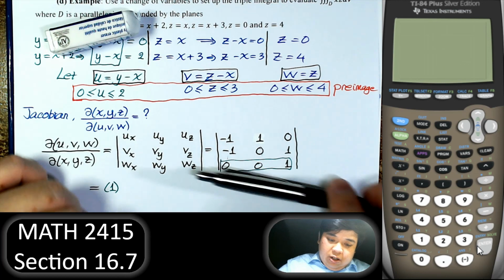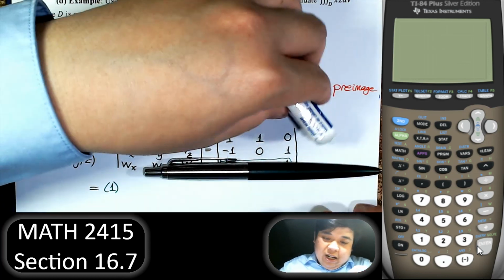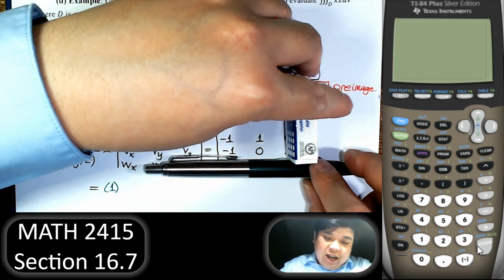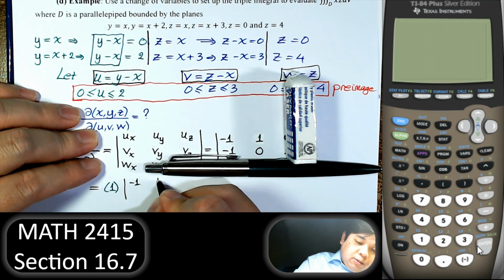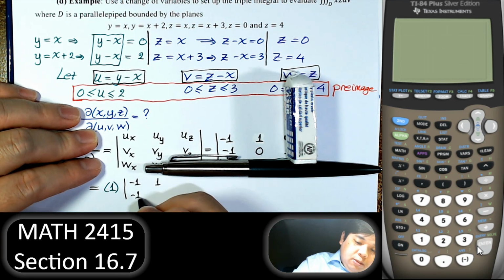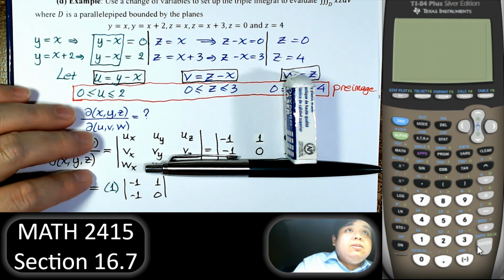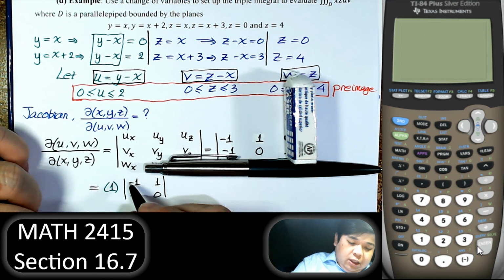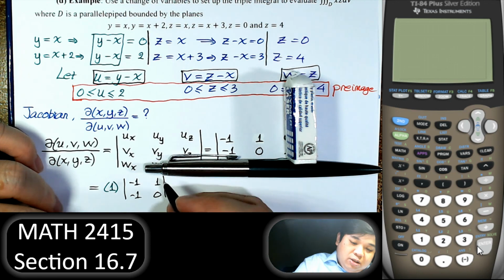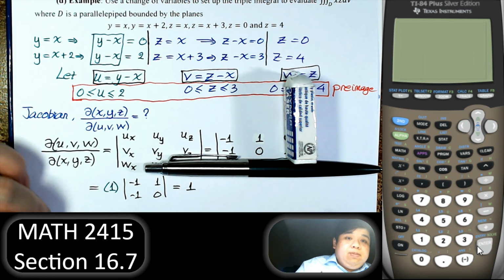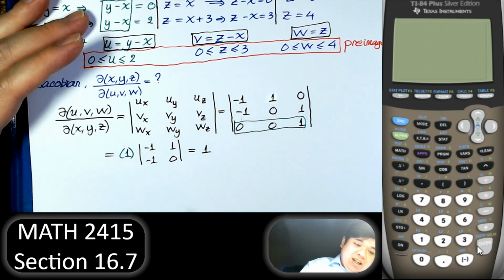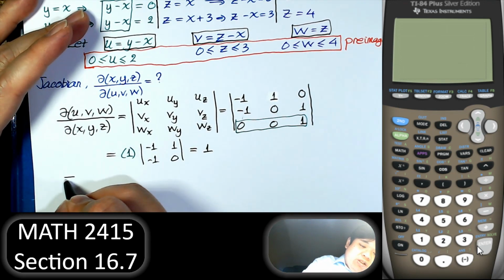Cover the row and the column containing that entry. Multiply here, that's 0, minus, minus. So the determinant is equal to 1, which is convenient. Because if that is 1, we just flip it.